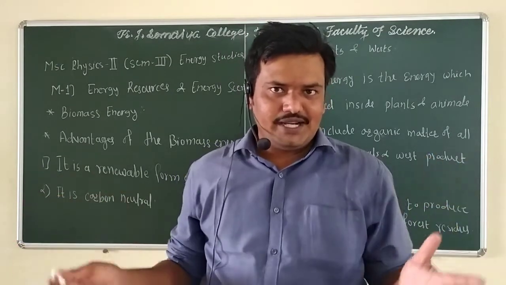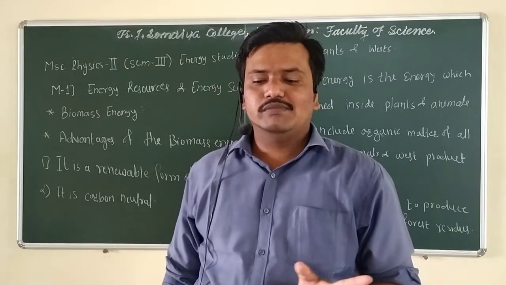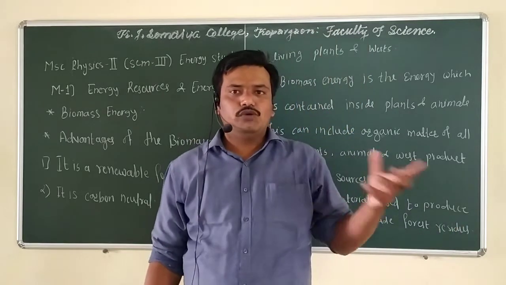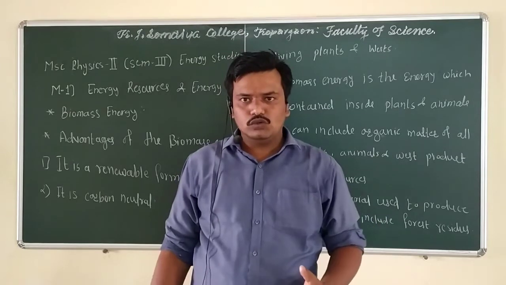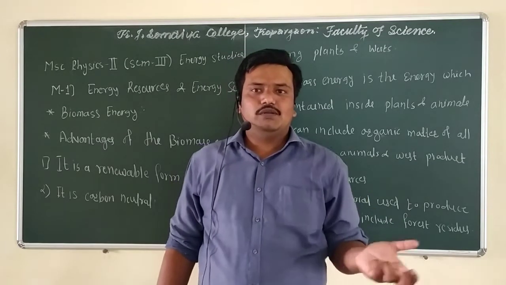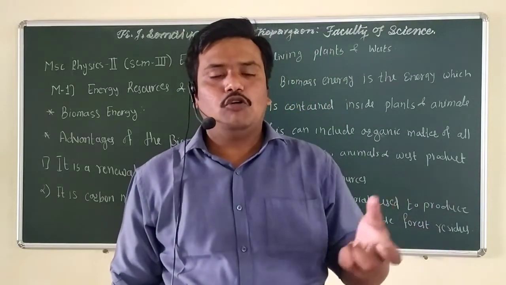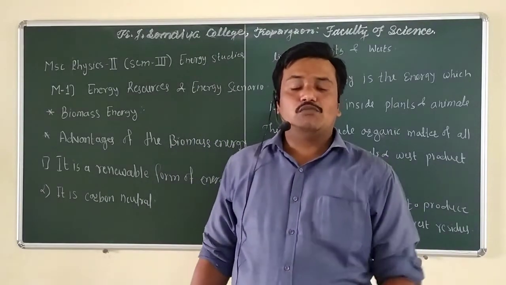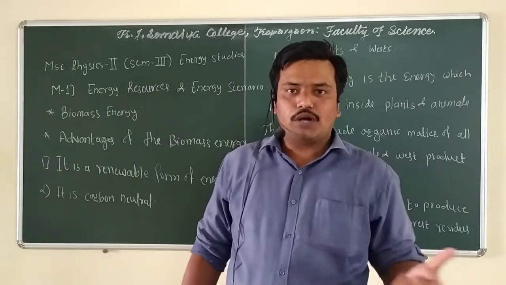So for example, if we burn wood, if we burn the branches of trees, if we burn vegetable waste, if we burn agricultural waste, that produces or emits carbon, and that carbon is also absorbed by living plants.